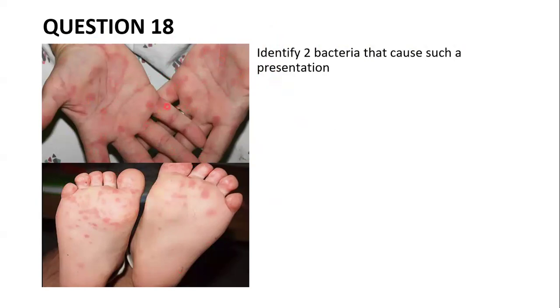There are only 3 microorganisms that cause rashes to appear on the palms and the soles of the feet, and 2 of them are bacteria. So which bacteria are these? There's one that everyone must know.